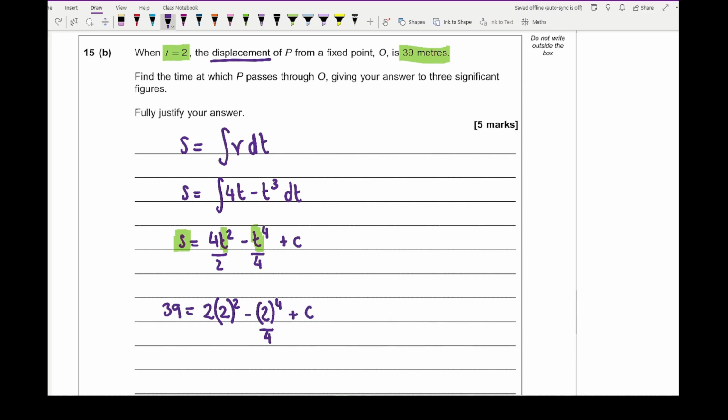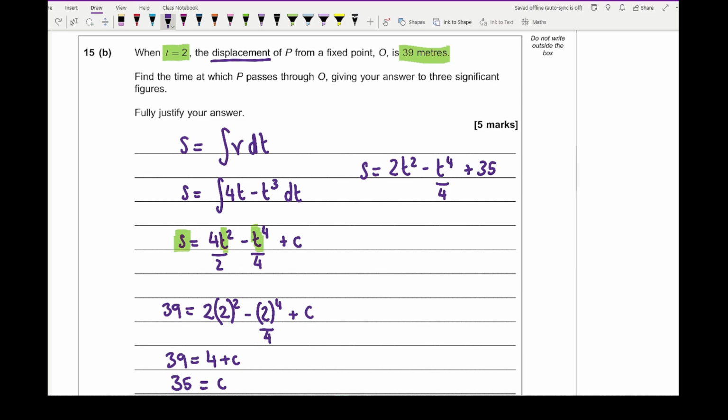And tidying all that up, we have 39 is equal to 4 add c, so c is equal to 35. So our displacement expression becomes s equals 2t squared minus t to the 4 over 4 plus 35.